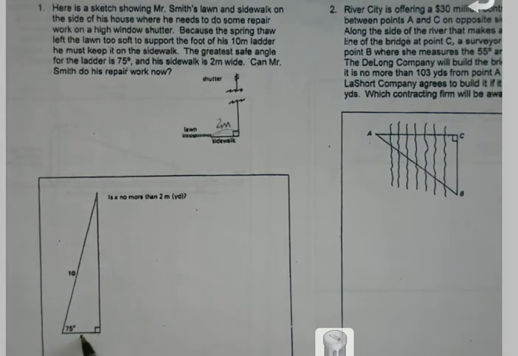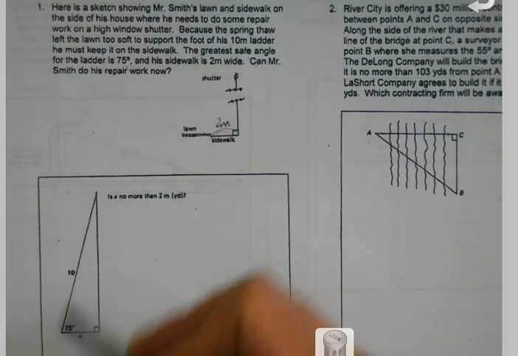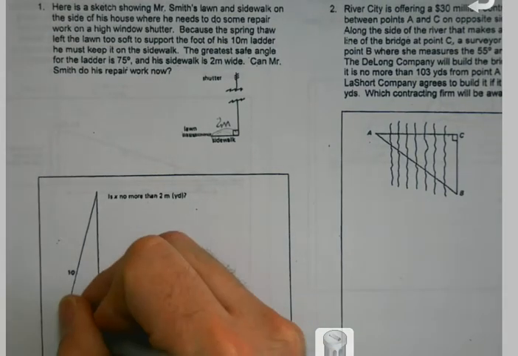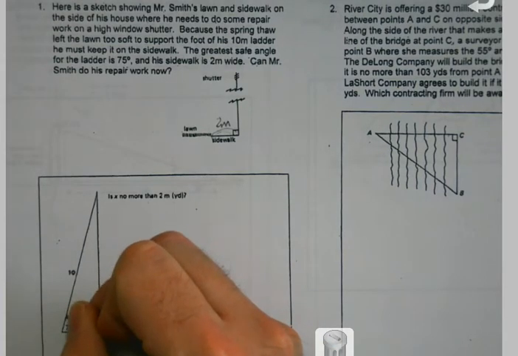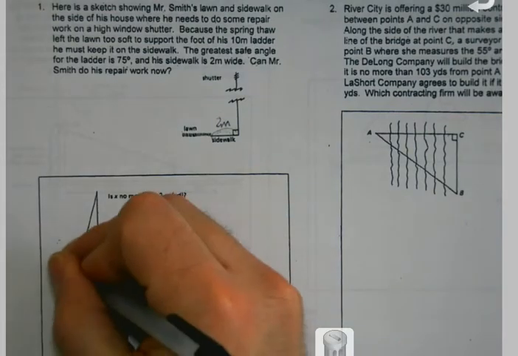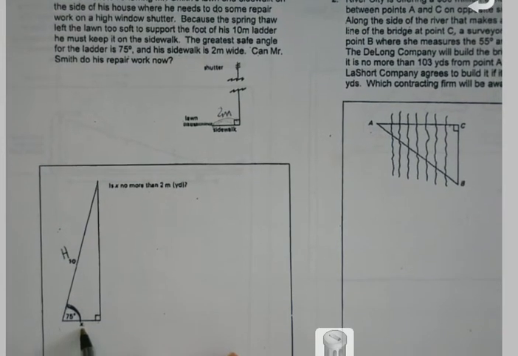So I'm going to find out what this value is with my given degree and my given hypotenuse, the ladder, to figure out if this is going to work. Okay, I know my angle. I just said over and over, this is the hypotenuse. What side is x in relation to my 75 degrees?